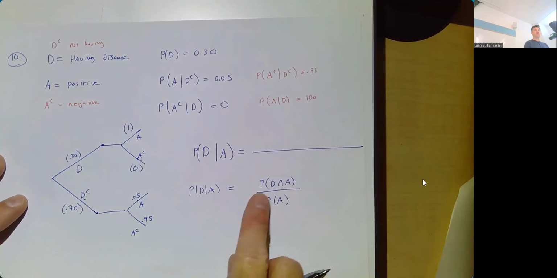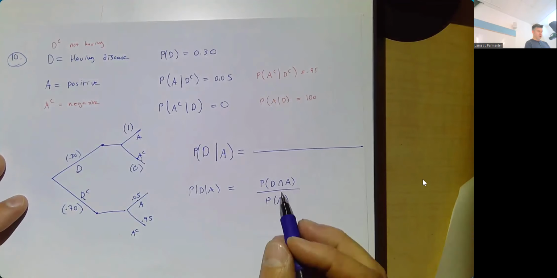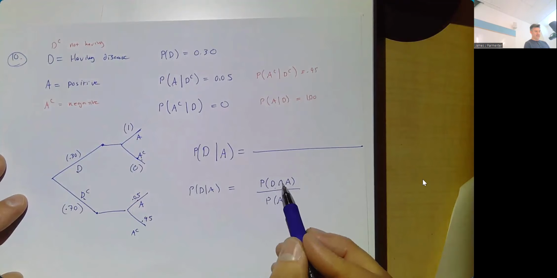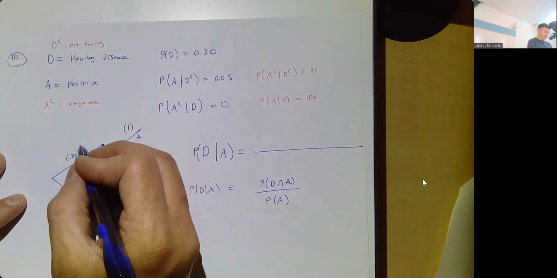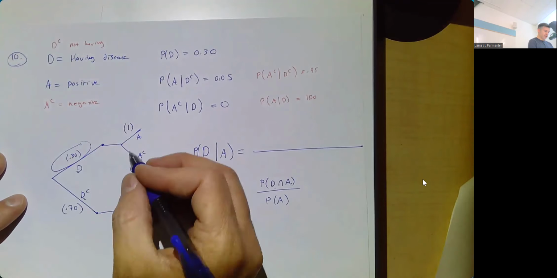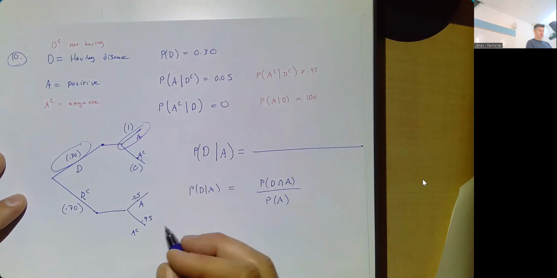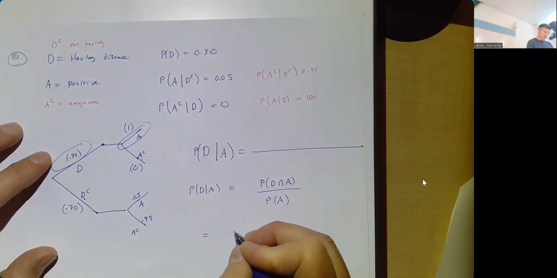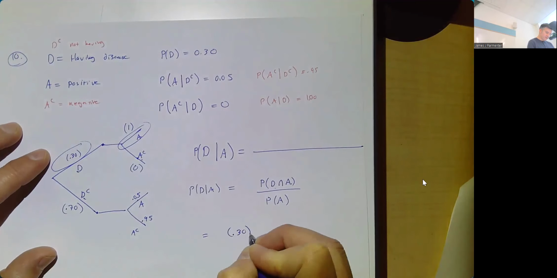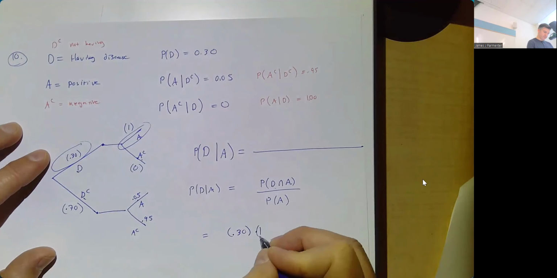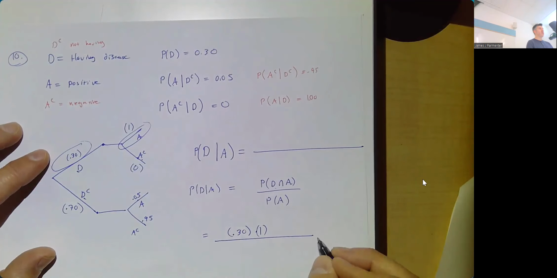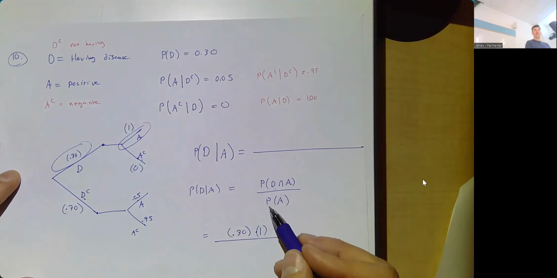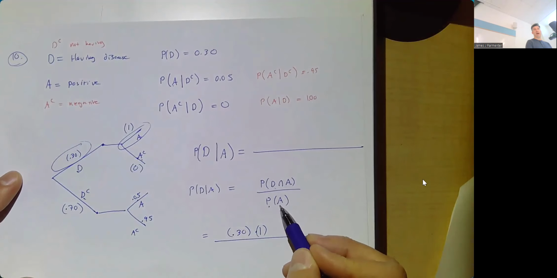And yes, there are more formulas you can write out here, but I would look at my tree and say, okay, if I want D and A, that's going to be first this, then this. So the probability of D and A is going to be 0.30 times 1, over all the ways you can get to having a positive test.